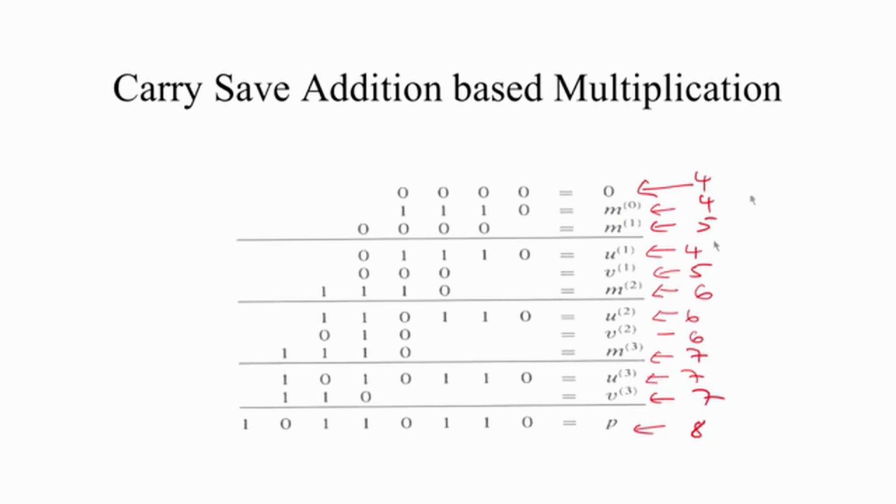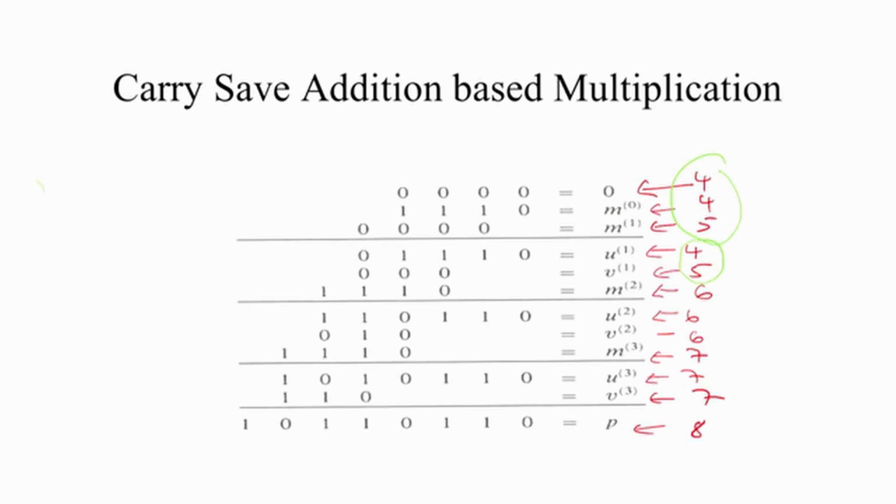But the most important thing that I want you to note here is that 4, 4 and 5 gives me 4 and 5. 4, 4 and 5 will give me only 2 numbers which are 4 and 5 bits in length.